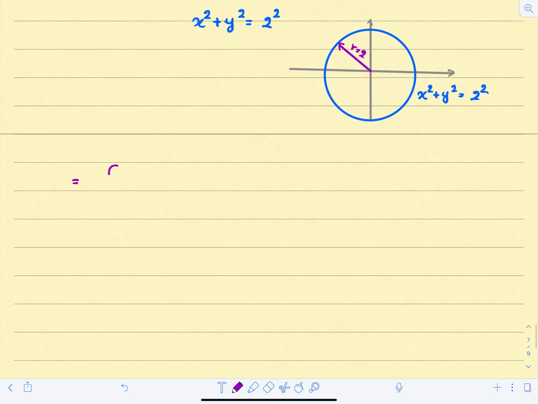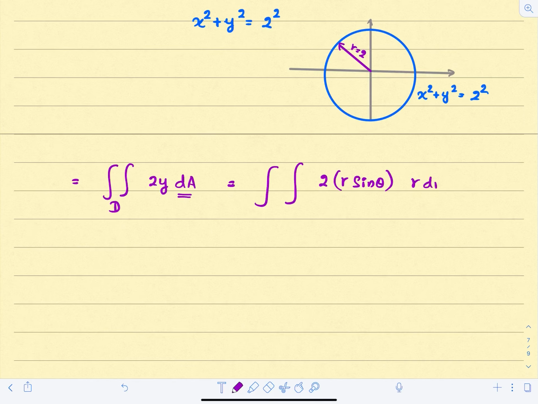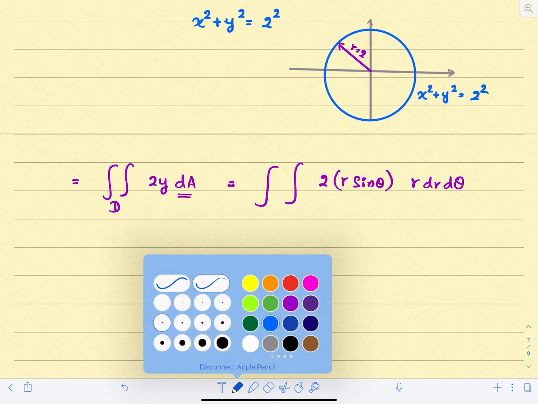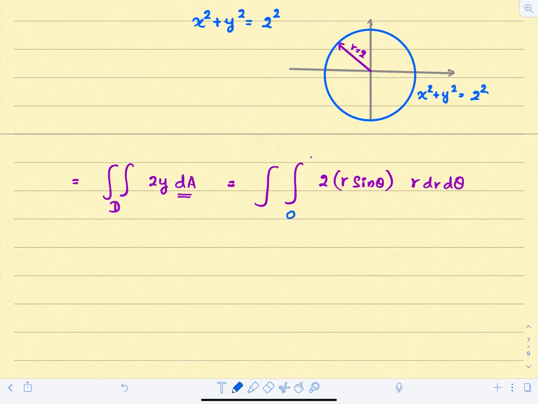So then this double integral 2y dA becomes, okay, in the polar coordinate system the y value is given by r sine theta. Area element dA equals r dr d theta. r goes from 0 to 2, and theta goes from 0 to 2 pi.